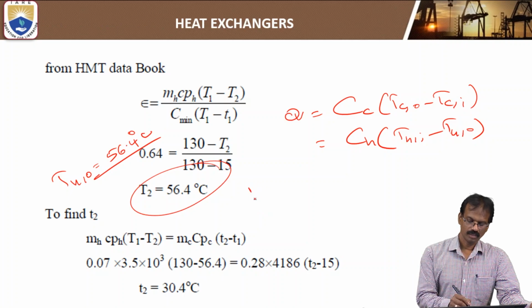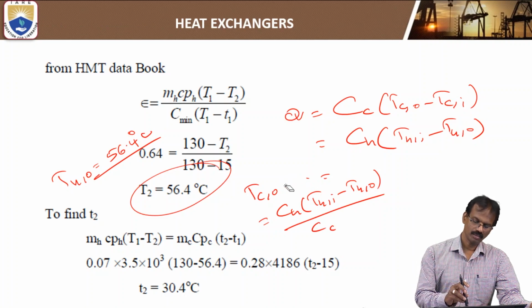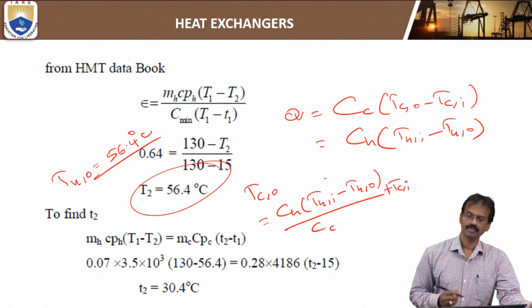Then TC0 minus TCI is equal to capital CH into (hot fluid inlet minus hot fluid outlet) by CC. Then TC0 is equal to this plus TCI.